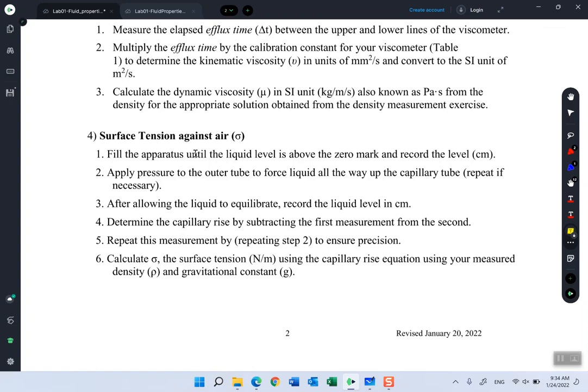So we will see that the fluid is already at a level higher than this level. So what we will have to do is get only the difference between the water level in the two tubes, and based on this value, we are going to make our calculations. So this is the main concept behind the fourth lab.